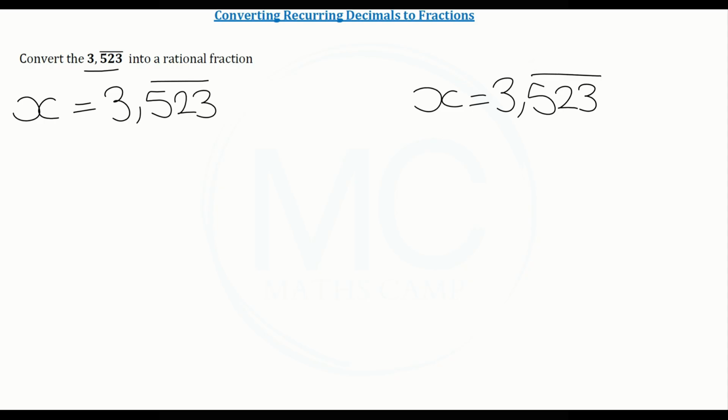Now for equation 1, we multiply x by 10 for each digit in the repeated pattern. 1, 2, 3. So we're going to multiply x by 10 3 times, and we get 1,000x.